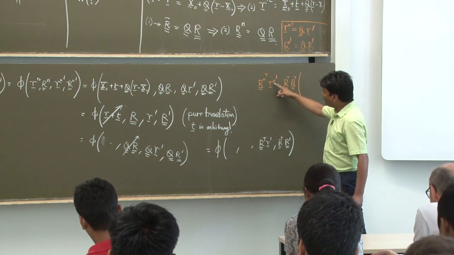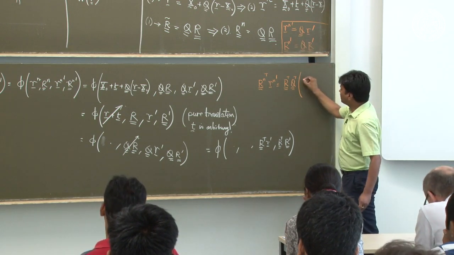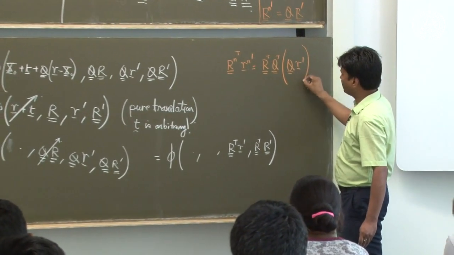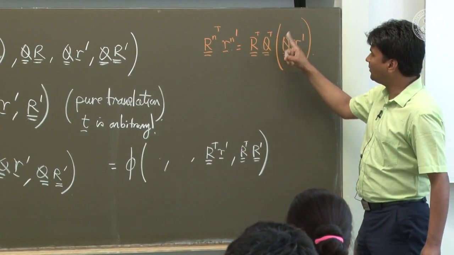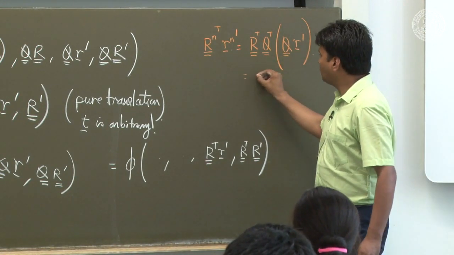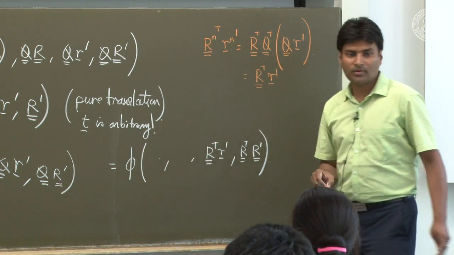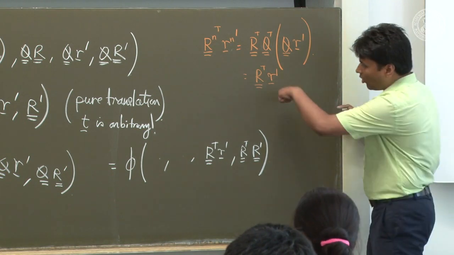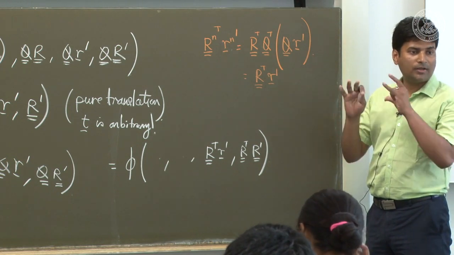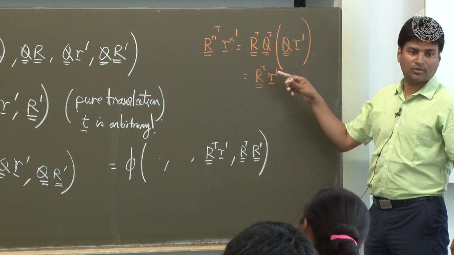What is r nu prime? r nu prime is q times small r prime. You see these two go away, q transpose q is equal to identity because it is a rotation, and you get big R transpose little r prime. So, what you see is that this combination does not change when you apply rigid rotation and translation. So, this is a frame indifferent quantity.